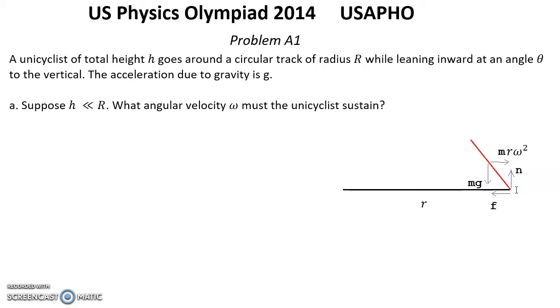We have 4 forces acting on this unicyclist in this frame of reference. One force is a force of friction F, another force is a normal force N. Also we have a force of gravity mg applied to the center of this rod, and also we have a fictitious centrifugal force m r omega squared in this rotational frame of reference.